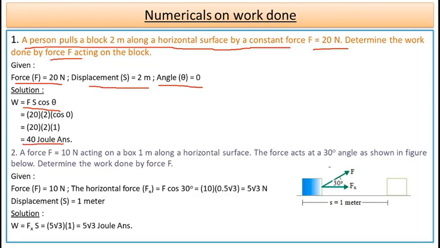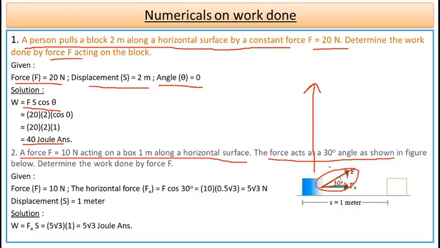Now move to the next question. A force of 10 Newton acts on a box which moves by 1 meter along a horizontal surface, and the force acts at 30 degree as shown in the figure. You can see here that the direction of the force applied and the direction of the displacement are different, unlike the previous one, where there was no such condition, and that's why I took the angle as 0 degree.